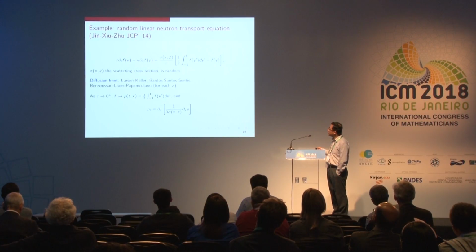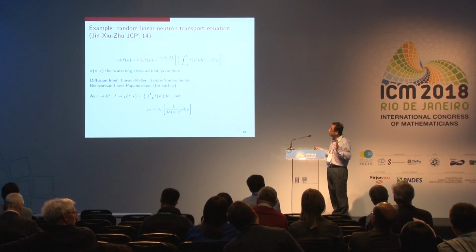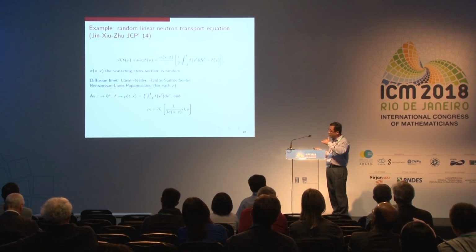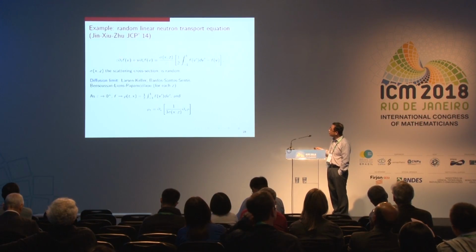So the left-hand side is the convection. So the particle has a velocity, and here actually v is the cosine of the angle of the velocity with the x-axis. So I just misused the notation. I just called it velocity. So the left-hand side is just transport, linear transport. The right-hand side is collision.